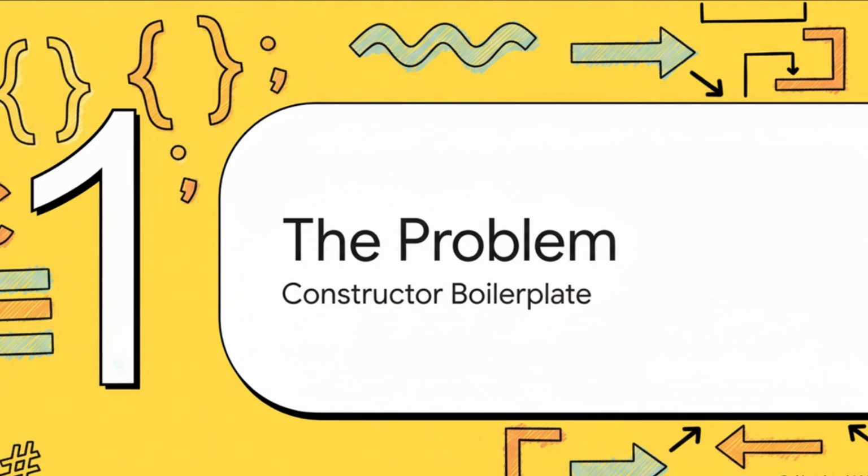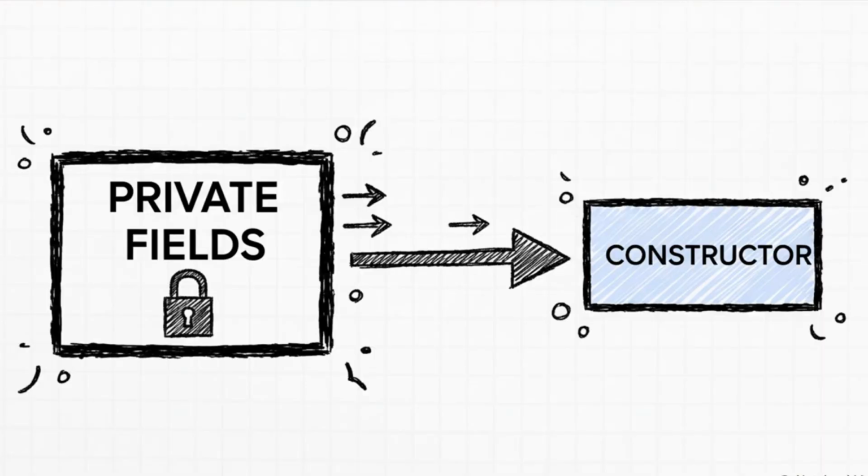Okay, so before we get to the cool new solution, let's just all get on the same page and look at the problem. We need to remember the old way we've been doing this for years, the classic traditional class constructor. And here it is, our simple version class. There's nothing really wrong with this code, right?